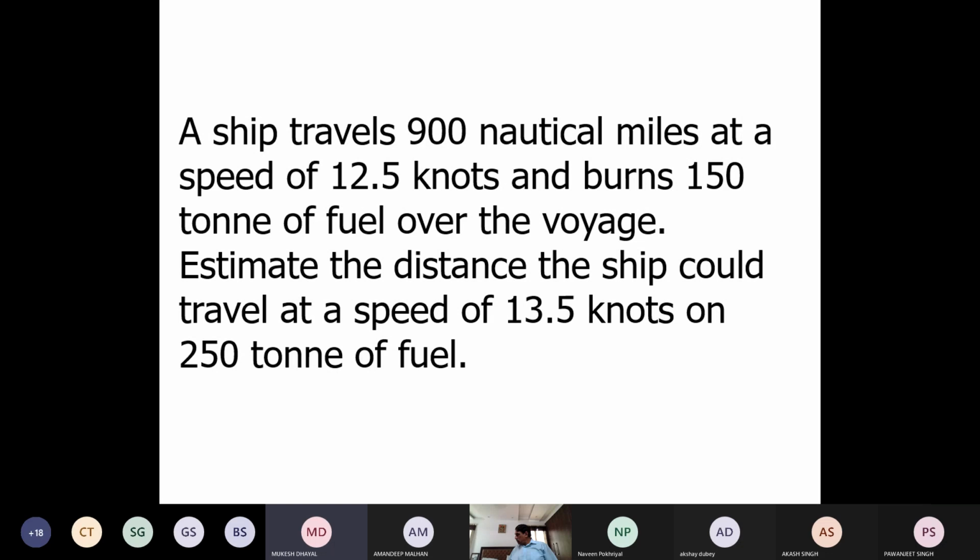Sir, 1286 nautical miles. 1286, correct. 1286 is right. So I will give 1 or 2 minutes more for those who are still calculating.